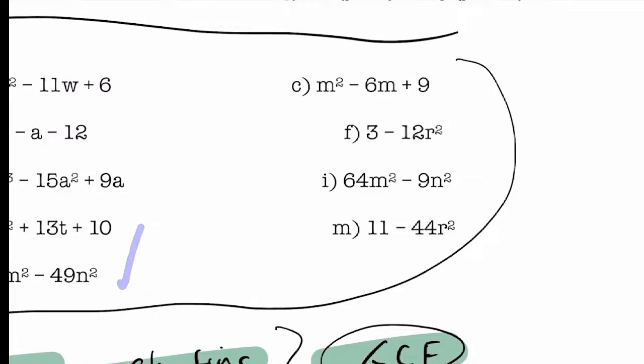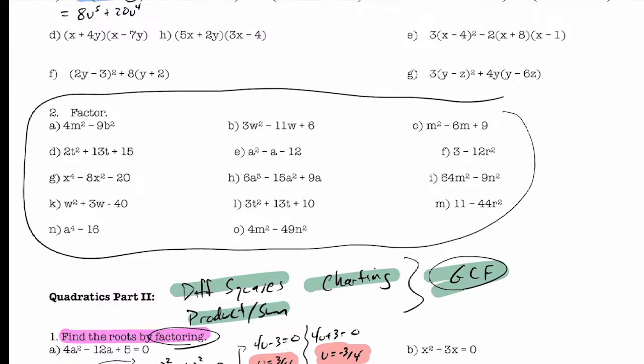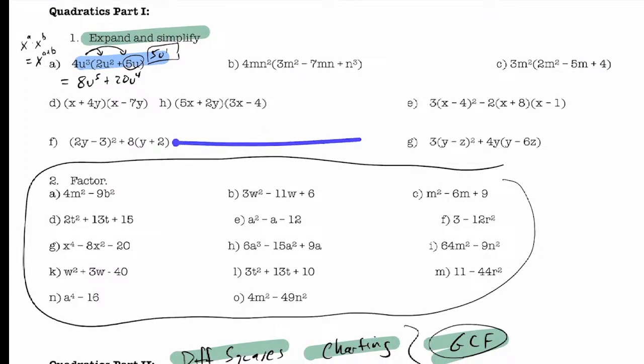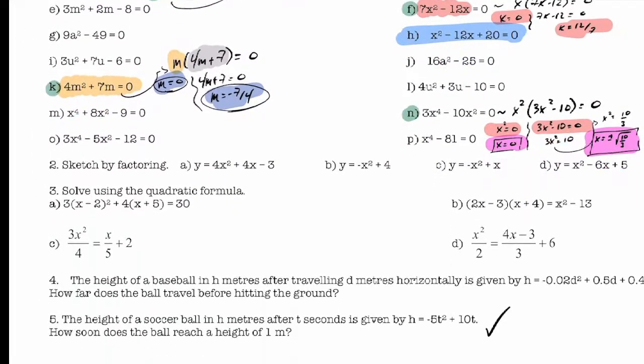You can kind of see it as you go: product sum, GCF, and then difference of squares. This is difference of squares, and GCF, and then difference of squares. As you go through them, you can think about tackling them these ways. You'll also see some expanding, simplifying questions, factoring, solving by factoring, and quadratic equation questions as well. And you see that right here.